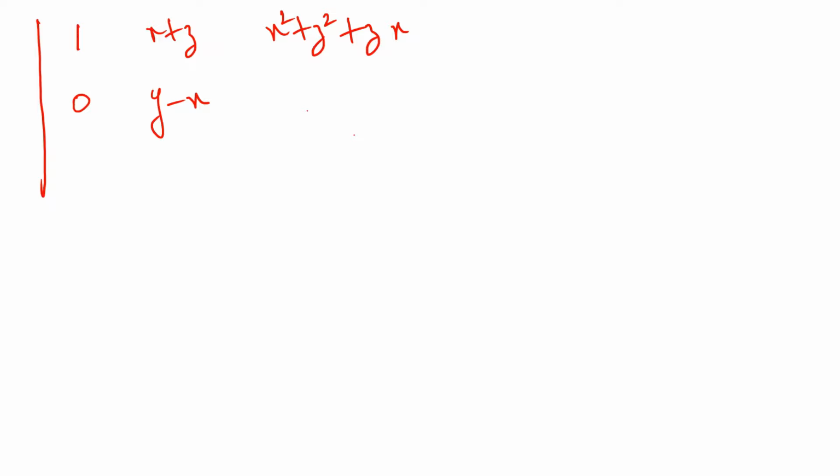Now the determinant can be written as 1, then x plus z, then x square plus z square plus zx in the first row. In the second row, we were having 0, then y minus x. Now students, the expression which we had as y square minus x square plus yz minus zx can be factorized like this.